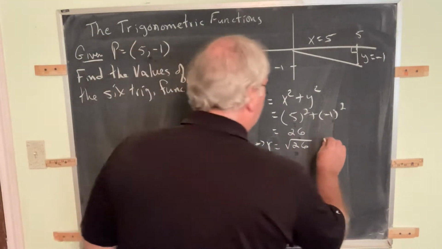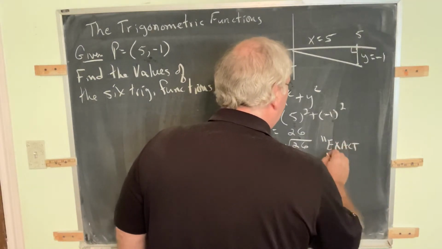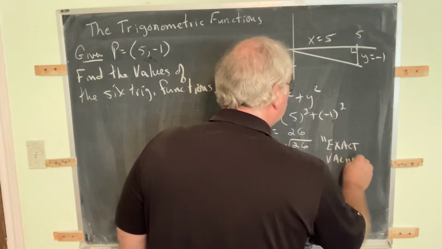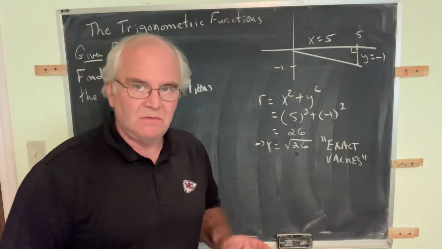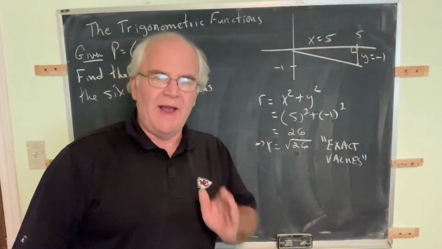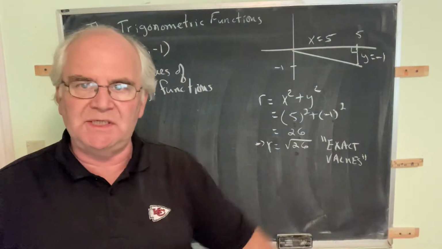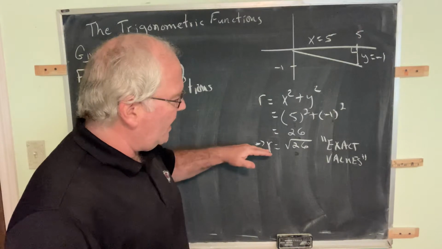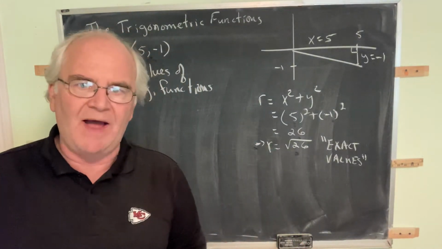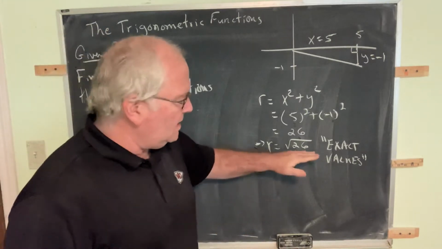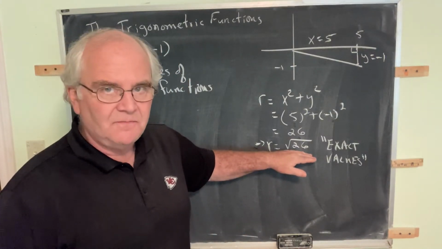Anytime you're asked to give exact values, that phrase, exact value, will happen over and over again, not just in this course, but in many courses to come. You will be asked to express your result using exact values. If you get a decimal approximation to this, that is not an exact value.